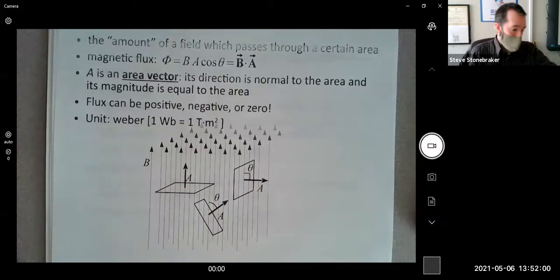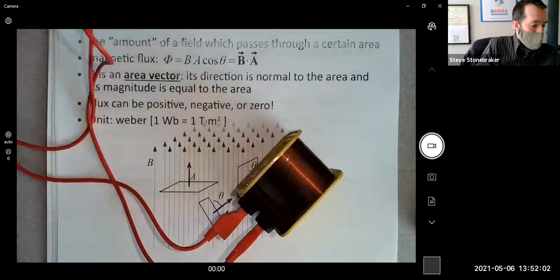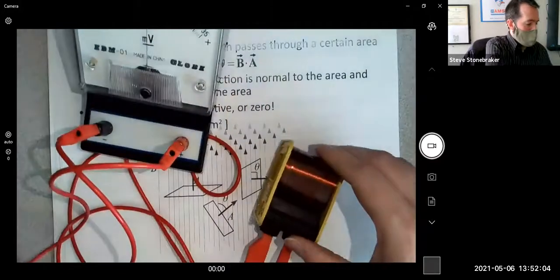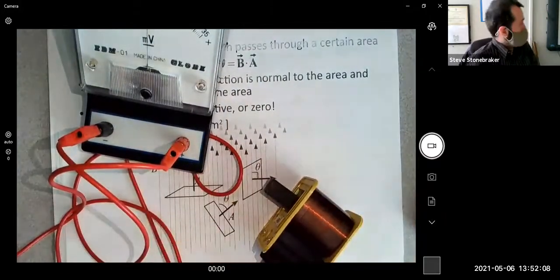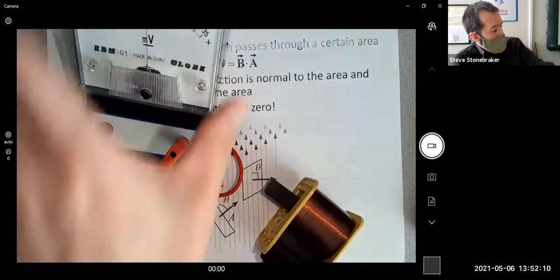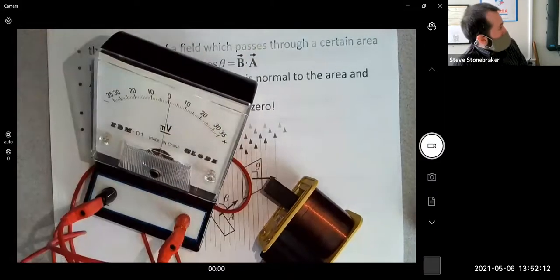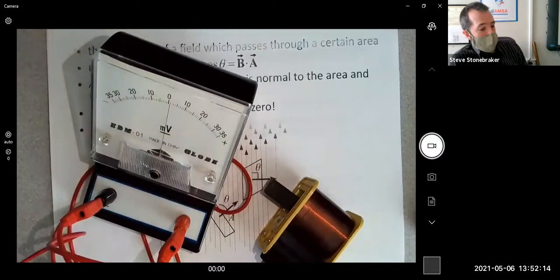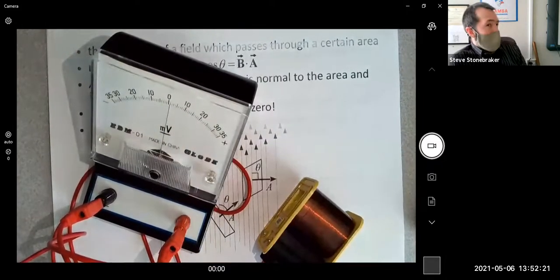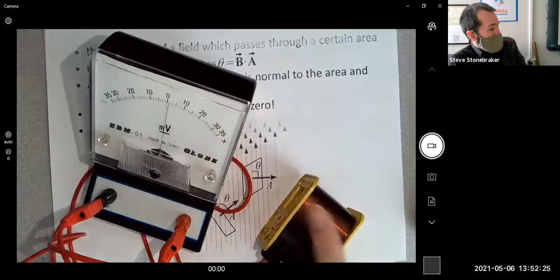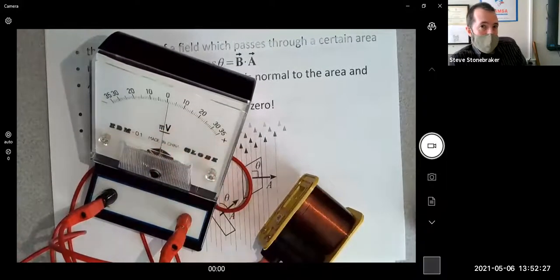Just because there is flux, that on its own doesn't do anything. If I put the magnet in here and just leave it, there is flux through the coil right now, but there's nothing on the meter because the flux isn't changing. But if I take it out, while I'm in the process of moving the magnet, I'm changing the flux in the coil, and that is what creates the signal.